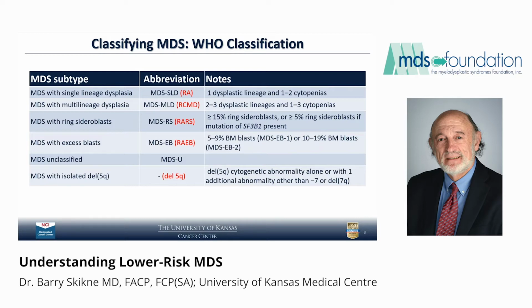And then there's a group for MDS unclassified, where the pathologist is unsure exactly which category the patient's MDS conforms with. And finally, there's MDS with isolated del5q. This is a specific cytogenetic abnormality which may occur alone, or there may be an additional chromosomal abnormality other than a chromosome 7 involvement.